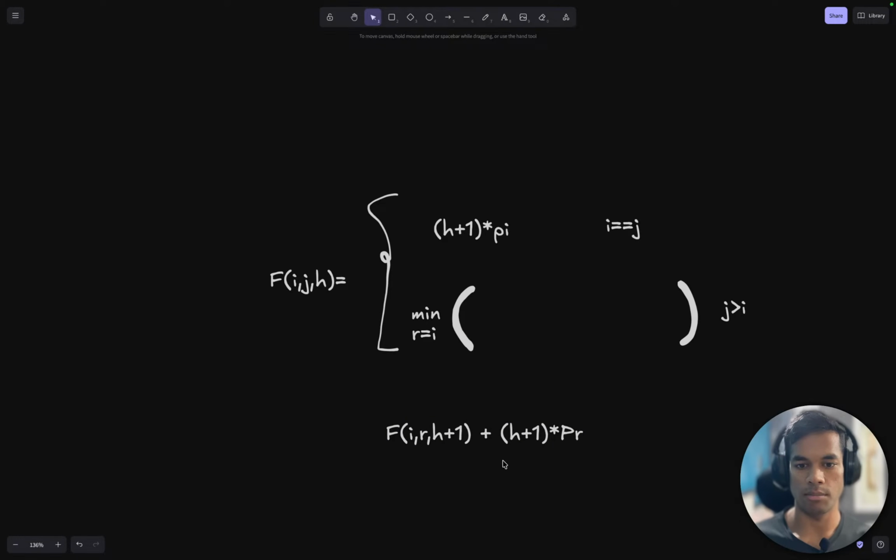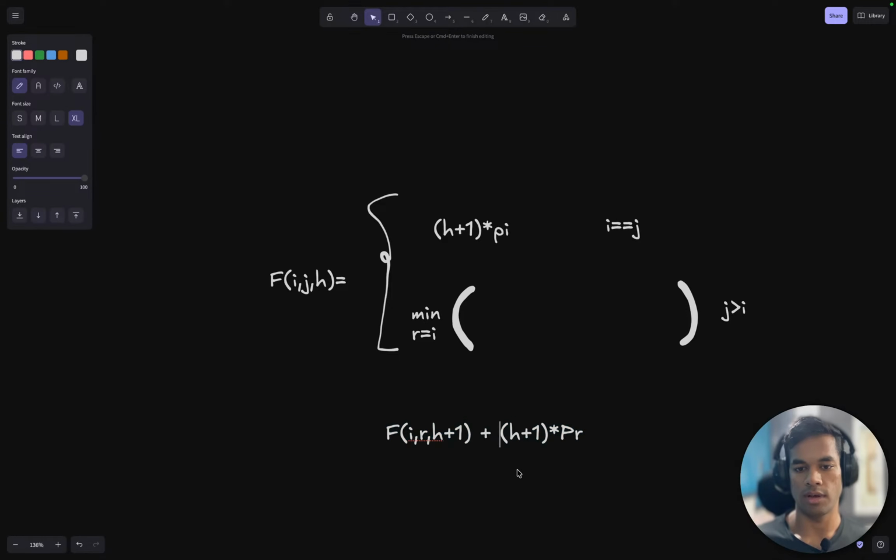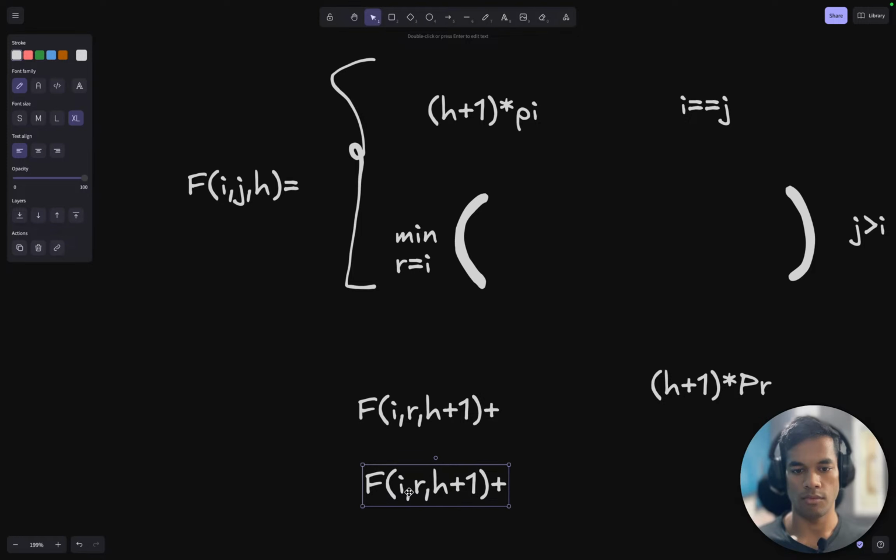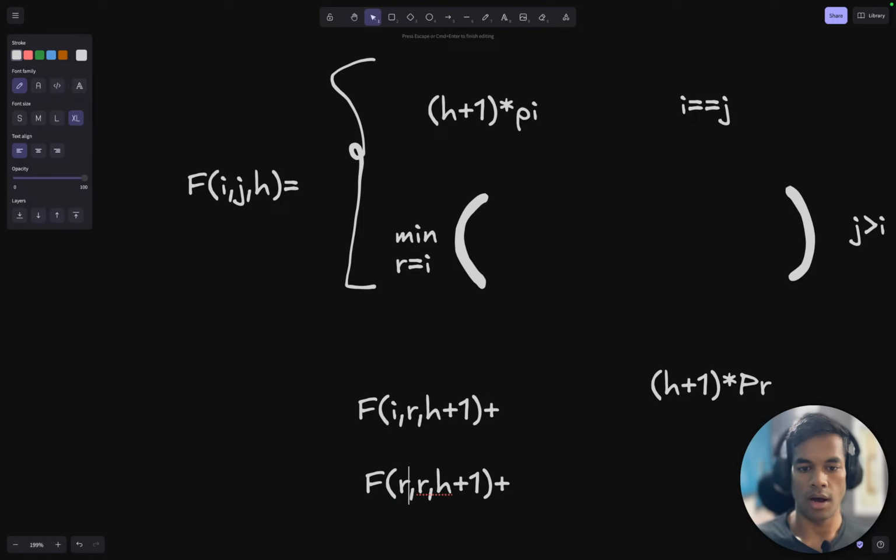So we can forget about messing up, and we will call this function twice actually, for the right subtree from r plus 1 till j.